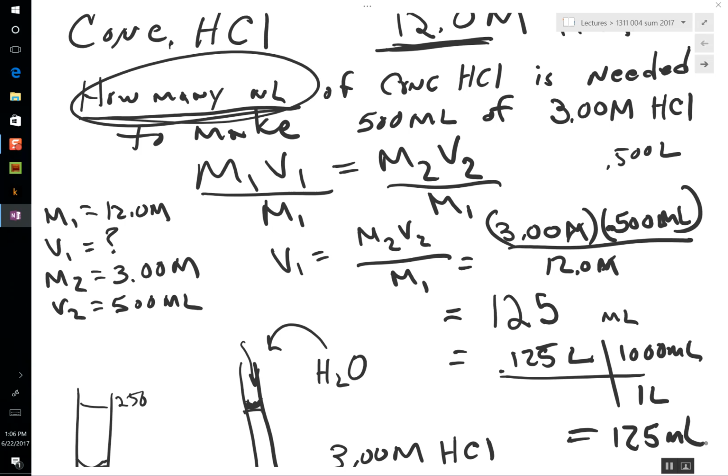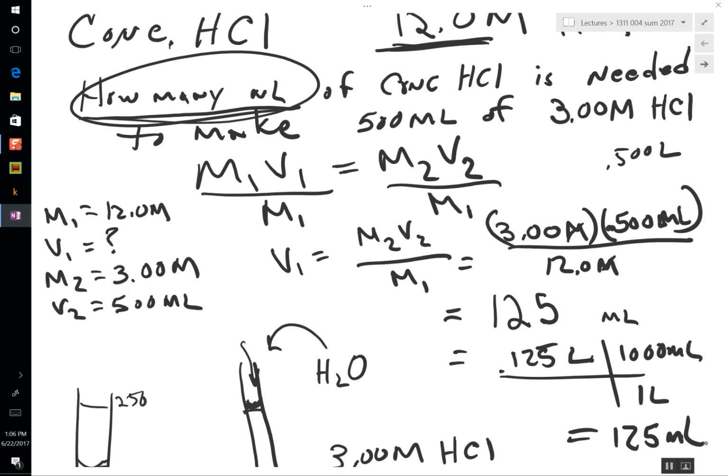Yeah, in dilution, you might be asked for milliliters here, and here you don't need to make that change.